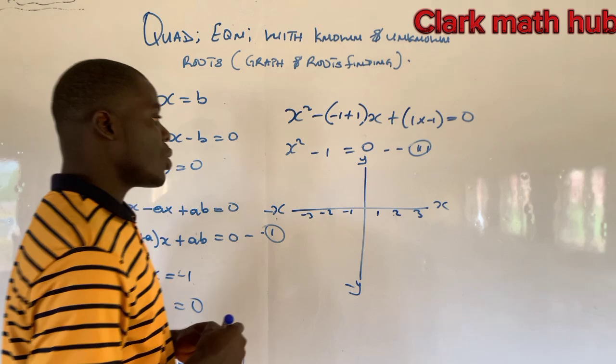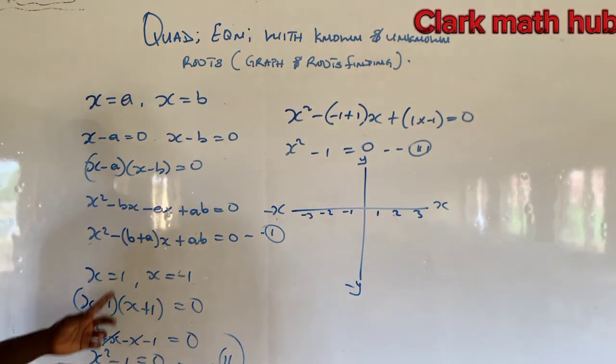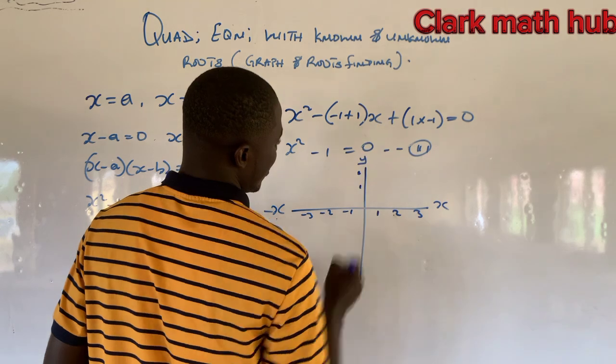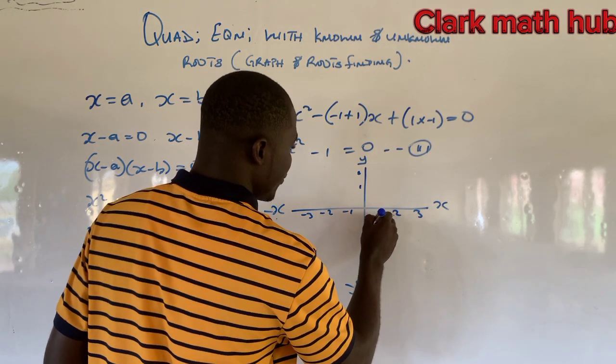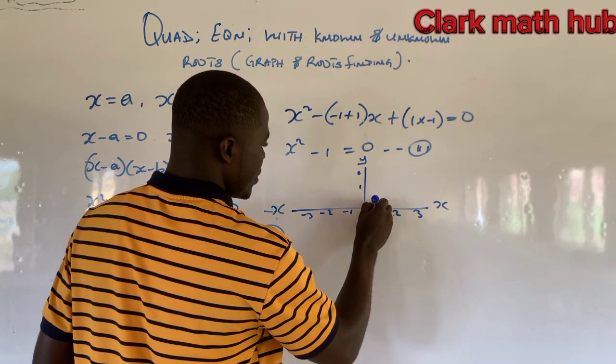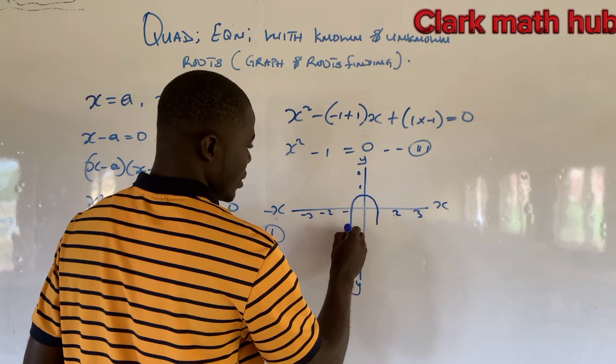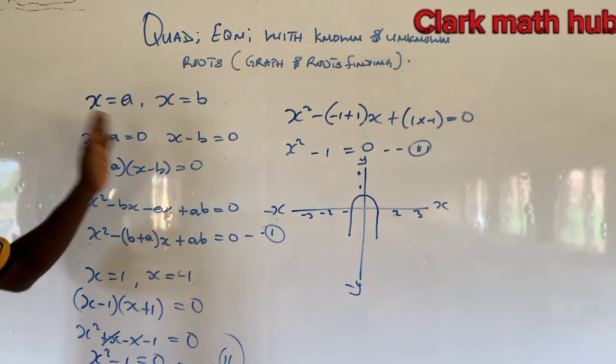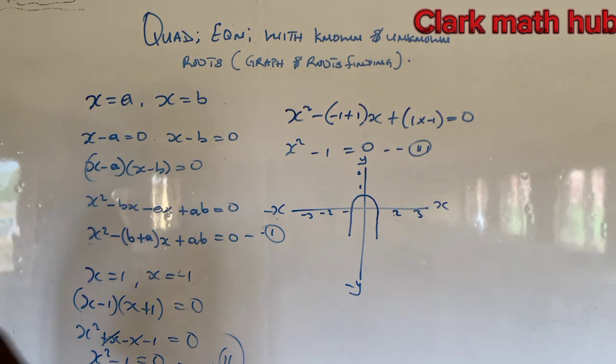Since our x falls at 1 and minus 1, our graph will run from this place to this place. Simple as it is. This is how to find the root of a quadratic equation.